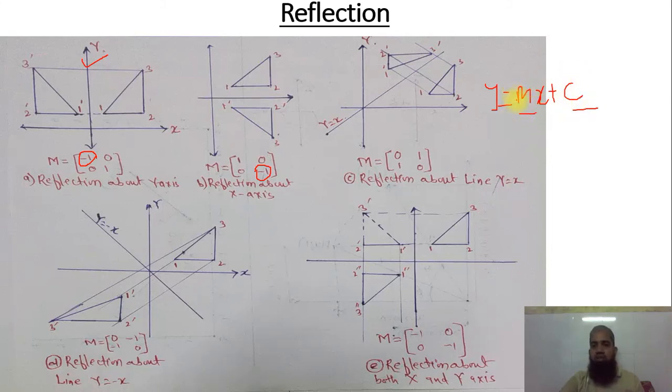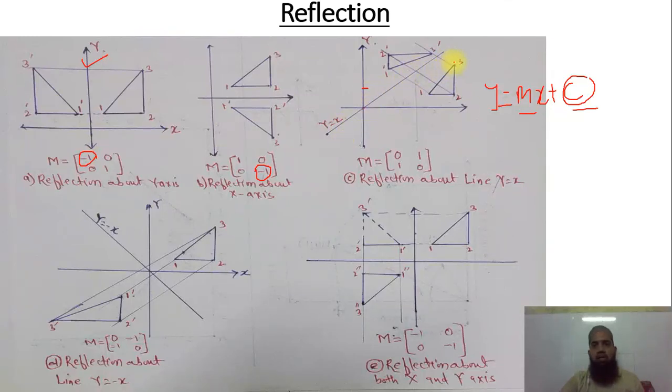If the slope is 1 and the intercept is also 0, then it passes through the origin. Intercept means where the line passes through the axis, so this line passes through the origin.